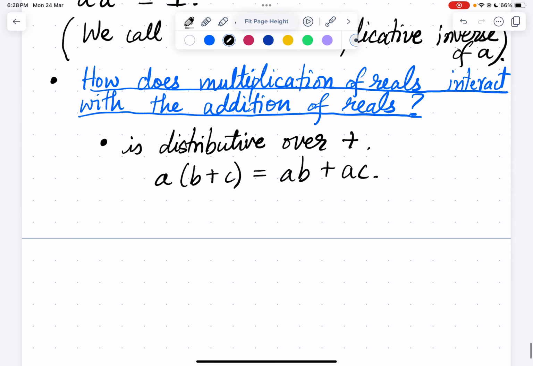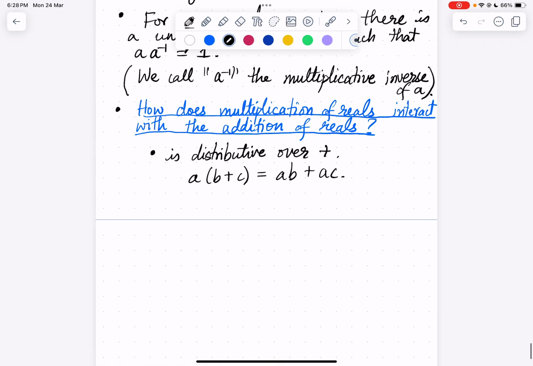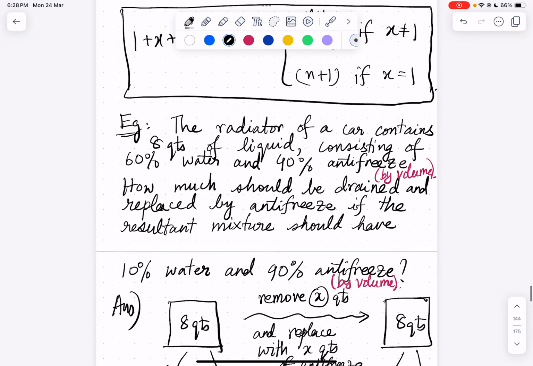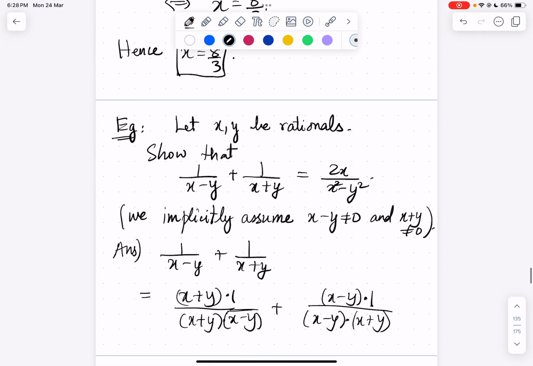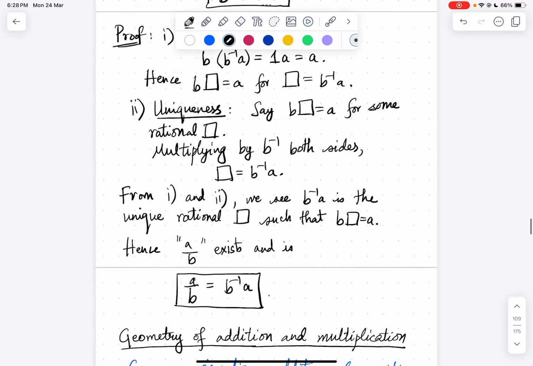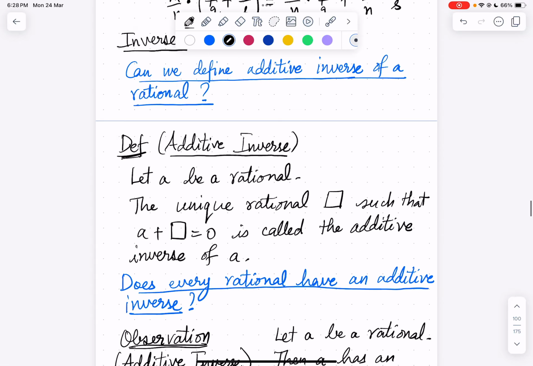So distributivity, for example, a plus b whole square, because for a plus b whole square, where a and b are rationals, we used the fact that we used distributivity, right? A plus b whole square is a plus b times a plus b.